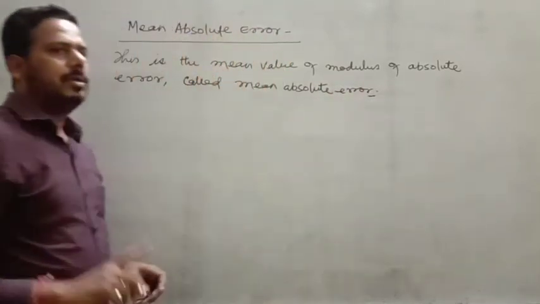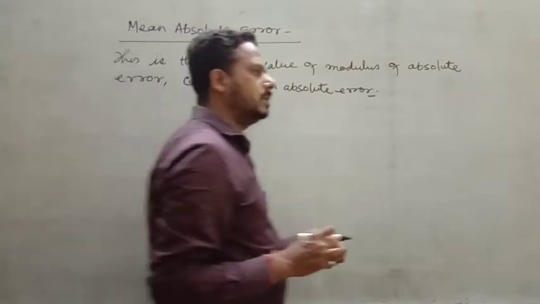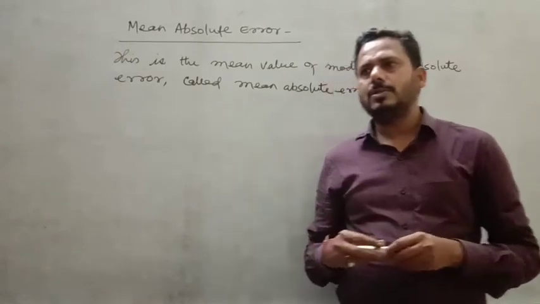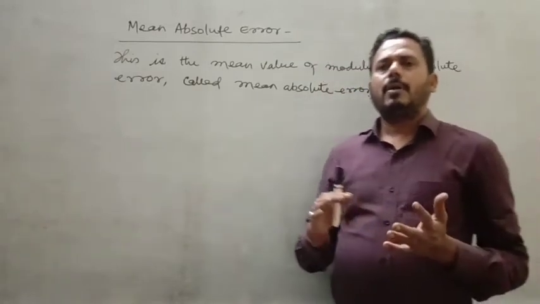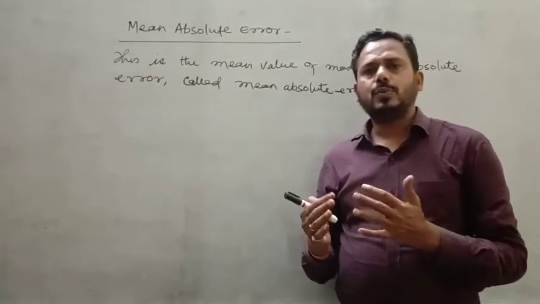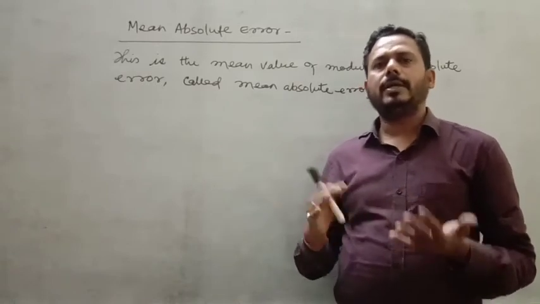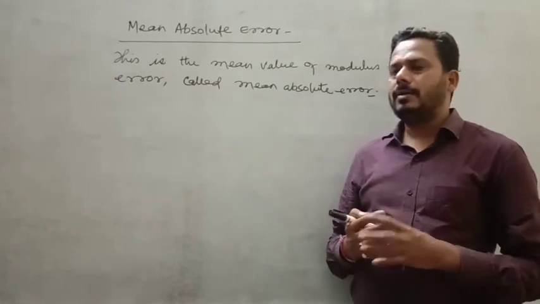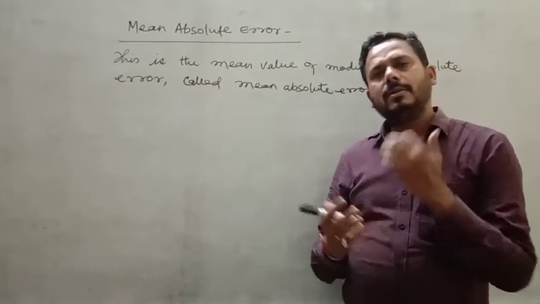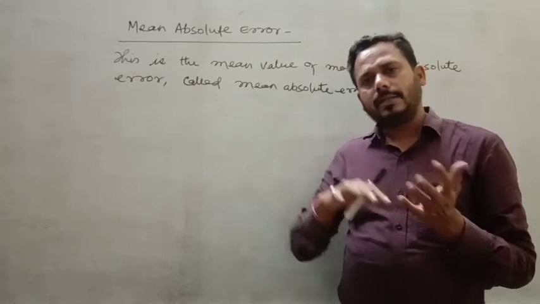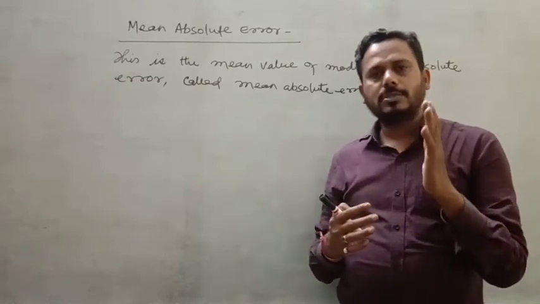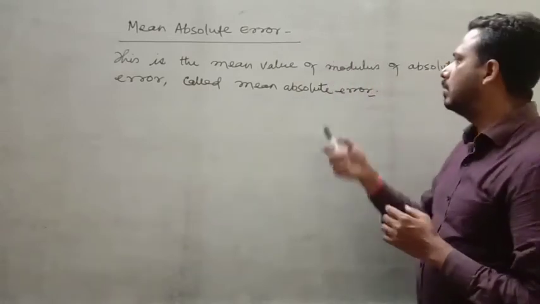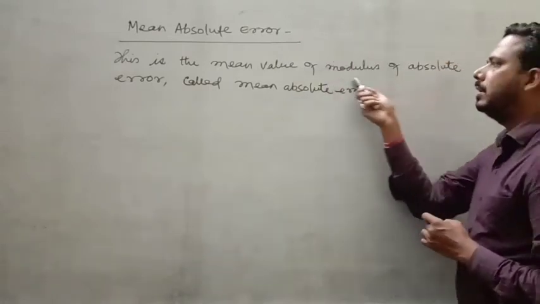Alright, in the last class we studied about absolute error, that was delta x1, delta x2, delta x3, delta x4 and so on. There we have seen that absolute error can be positive, negative or 0. So here we have to take its modulus, that means only the positive part.